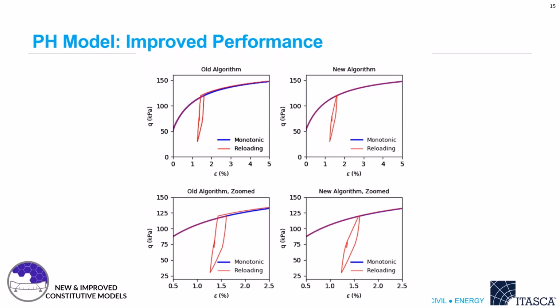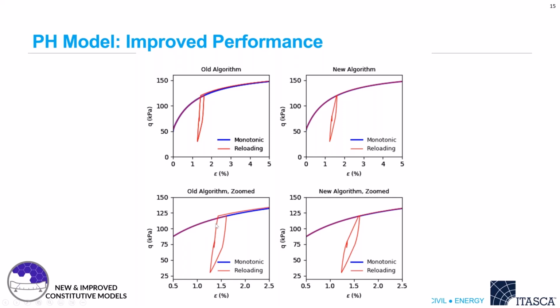Let's check the bottom 2 figures. The blue line is a monotonic loading path, and the red line is monotonic loading first, and then unloading, and then reloading. During the reloading, we have a very small unloading and reloading.